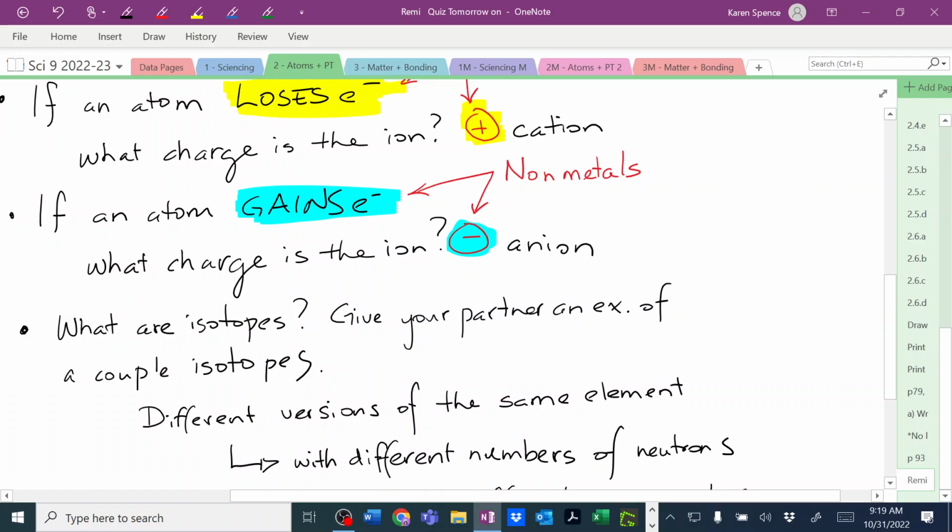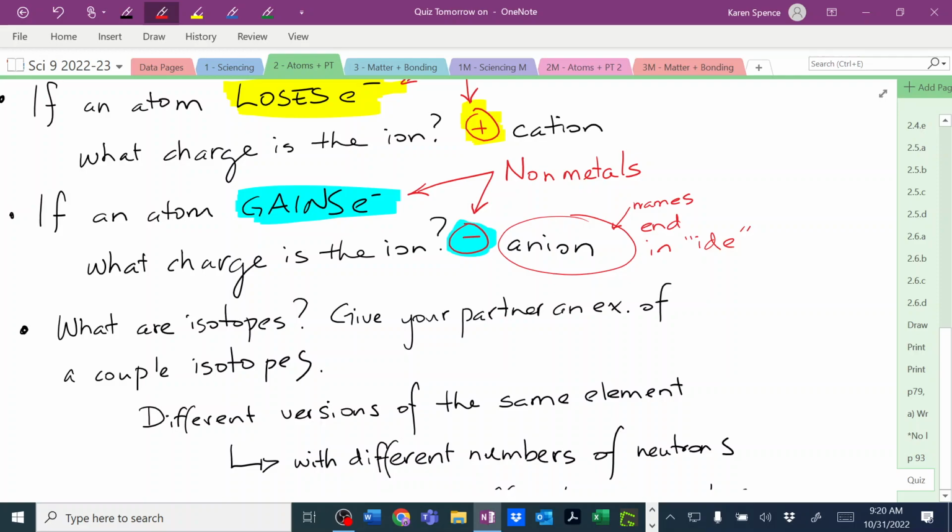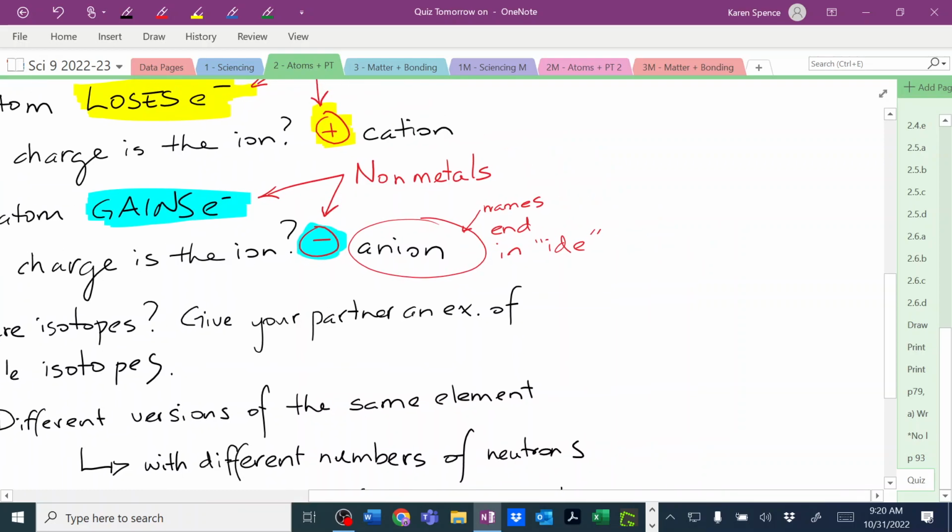What happens to the names of anions? Names end in ide, I-D-E. What if you had nitrogen? How do you make that into an anion name? First syllable and then ide.